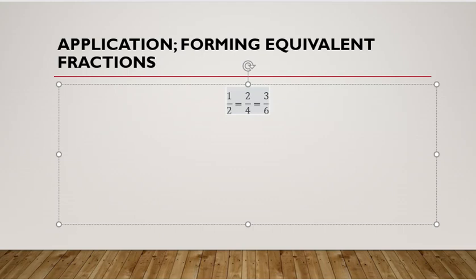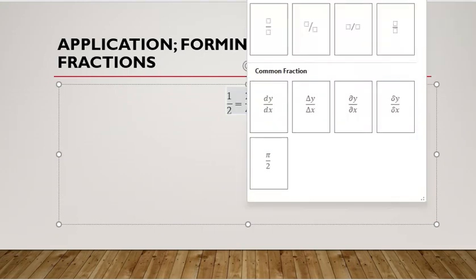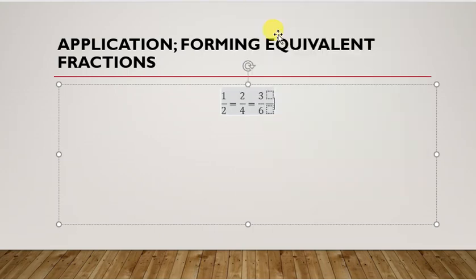Therefore, we can also add another 1 to the 3 to get 4. We can also add 2 to the 6 to get 8. Let me input the equal sign for easy identification.